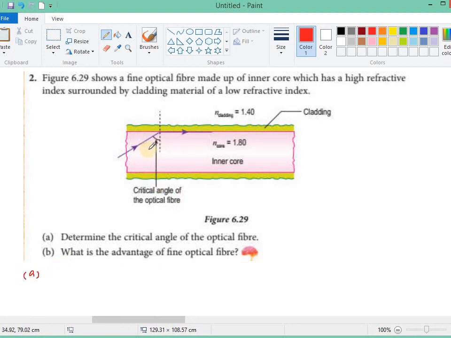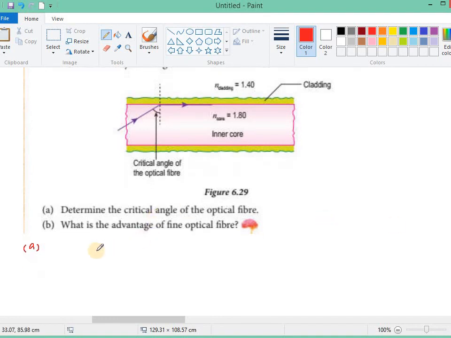You see the refractive index of the inner core is 1.8, and the outer cladding is 1.4.